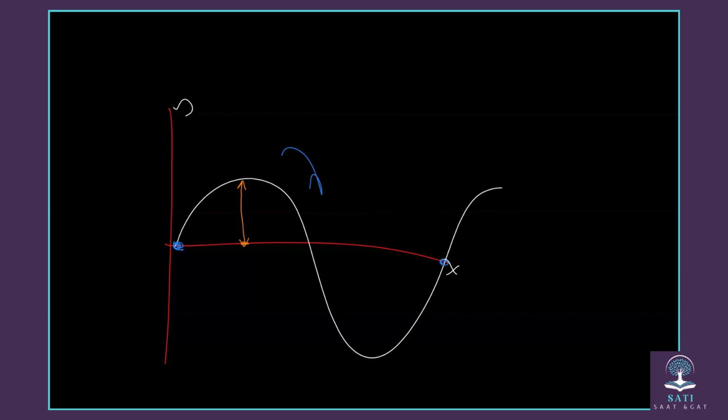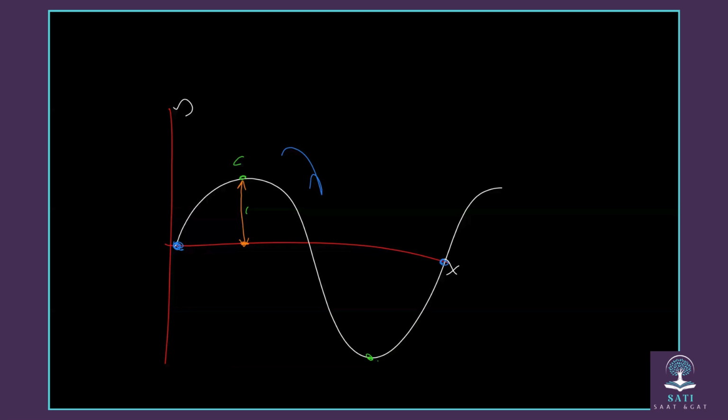Amplitude is the distance between the main axis of the wave and the furthest point of the wave. And this point we call the crest, and this point we call what? Trough. So this is the crest, here the trough, here the amplitude, and this one is the wavelength. Okay, any wave now has a wavelength, a frequency, and a speed.